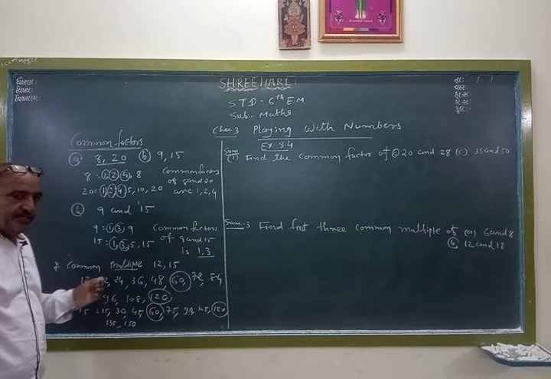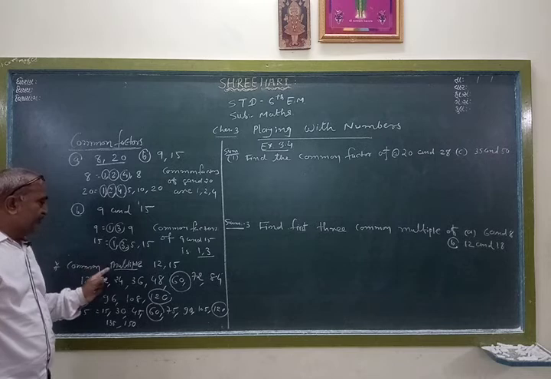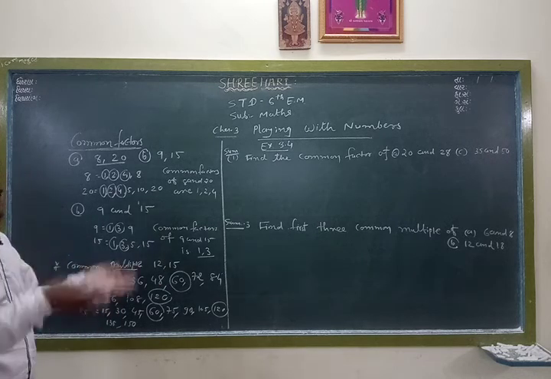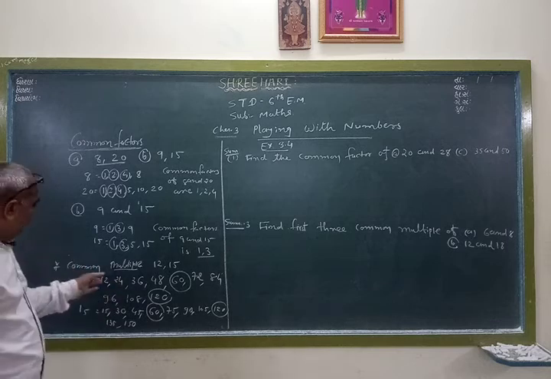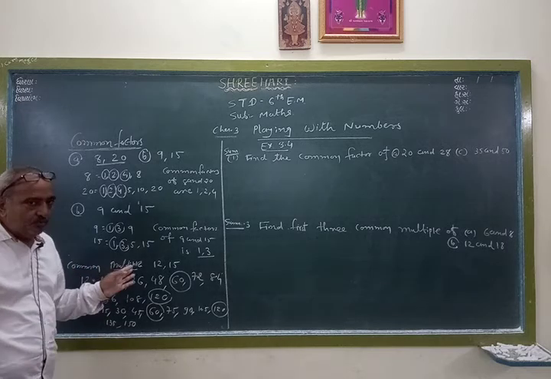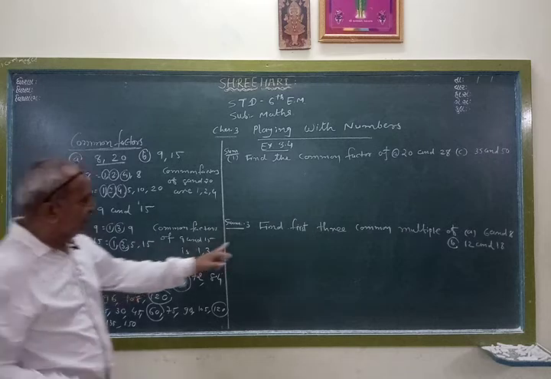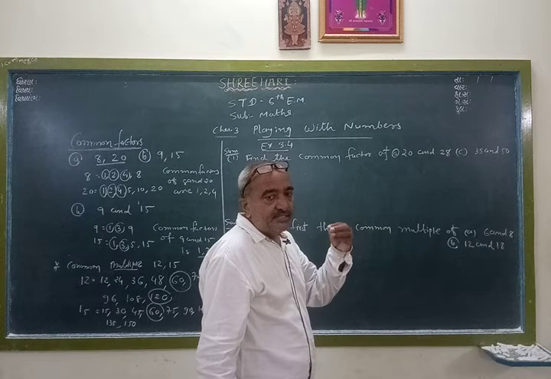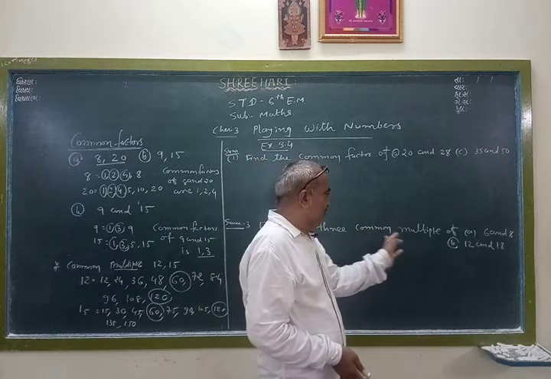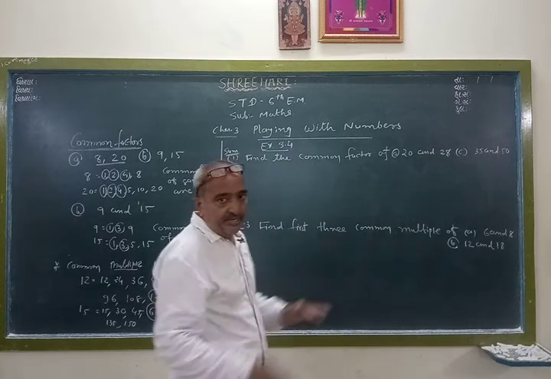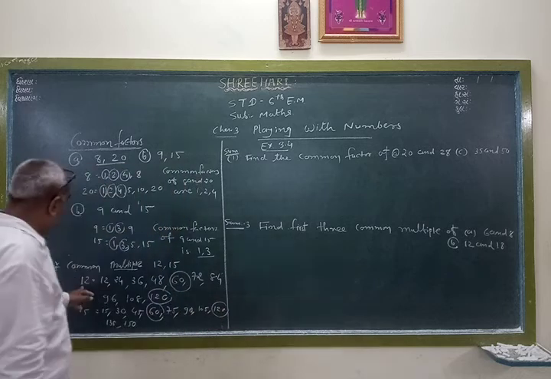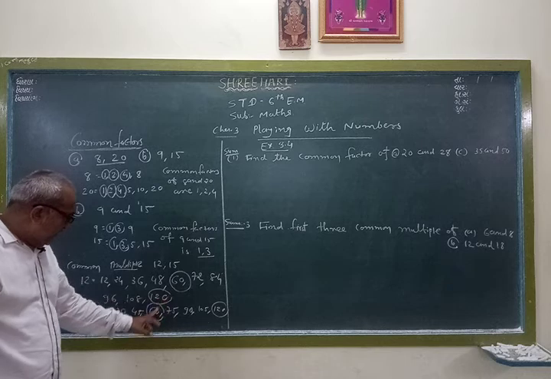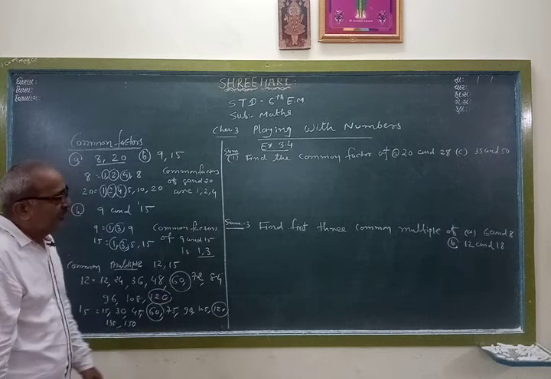So friends, in common multiple, first we have to write the multiples. There are unlimited, infinite multiples. So with some condition, look here, find the first 3 common multiples. Otherwise 4 or 5 multiples will be asked, because they are infinite. So 12 and 15, 60 and 120 are common multiples.